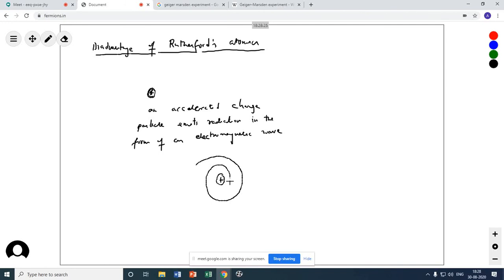An electron should follow a spiral path before it eventually falls on the nucleus.